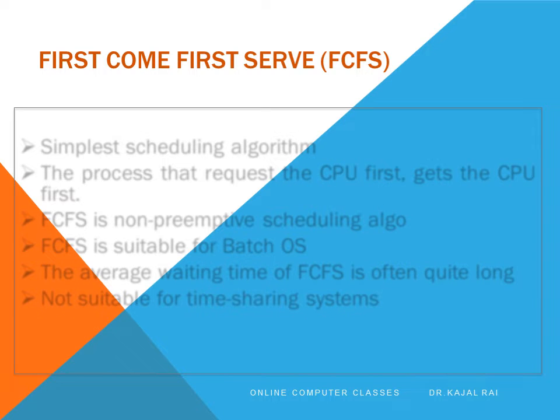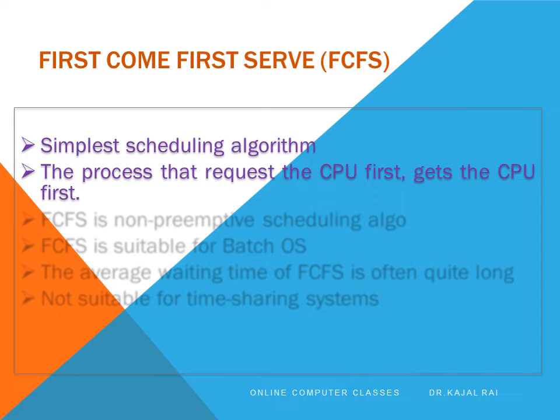Now, there are several scheduling algorithms. First is first come first served, which is popularly known as FCFS. It is the simplest scheduling algorithm. The process that requests the CPU first gets the CPU first. FCFS is a non-preemptive scheduling algorithm. That means no interrupt will take the CPU away from it.